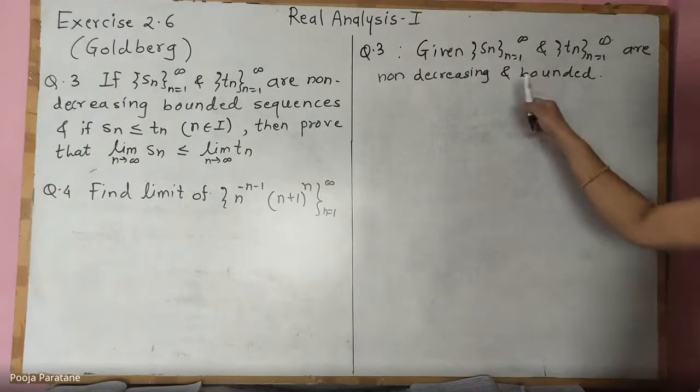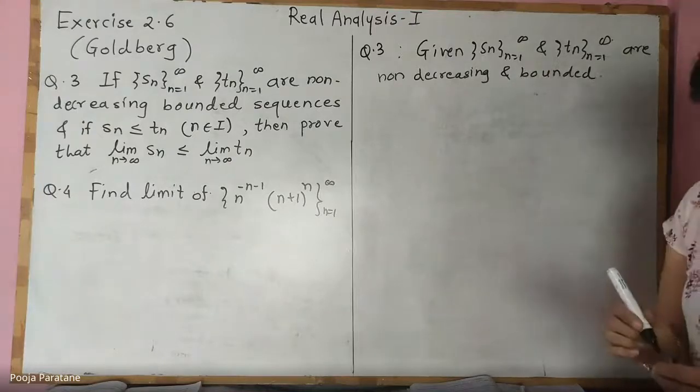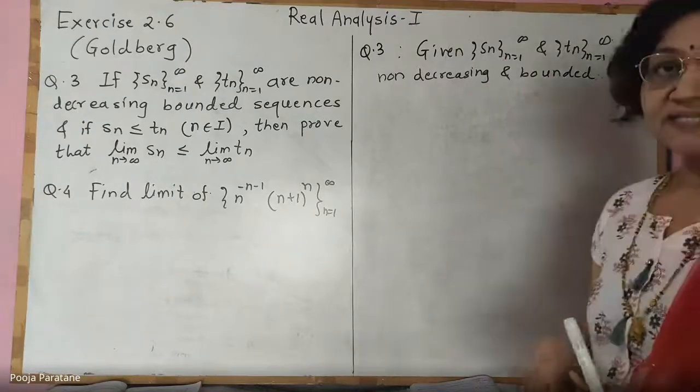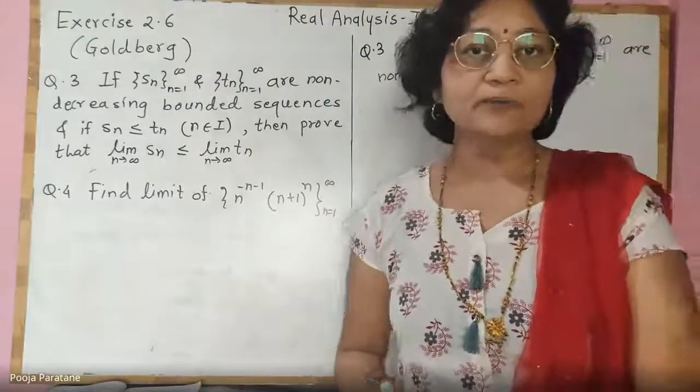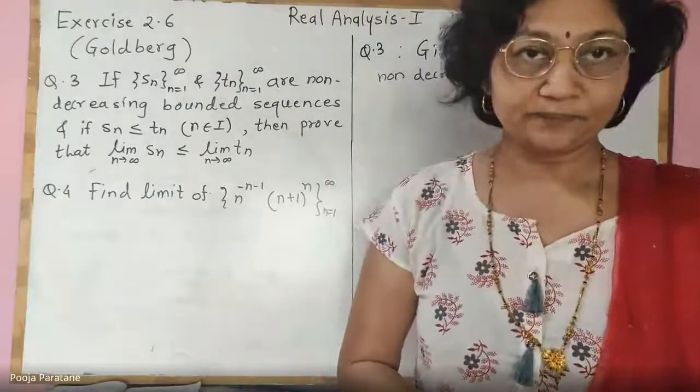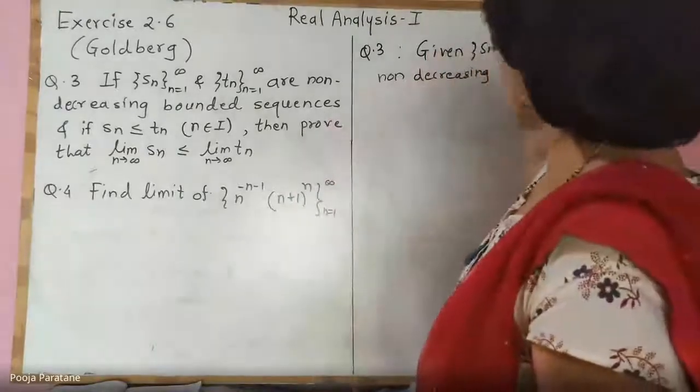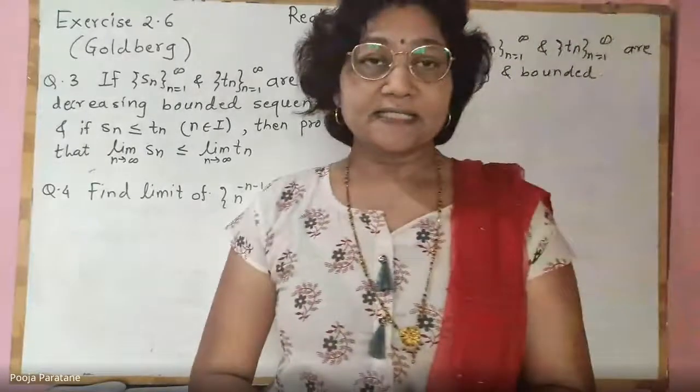So here, two things we can say. As the sequence is bounded, there exists a greatest lower bound as well as a least upper bound. So for both of the sequences, there exist GLB as well as LUB.